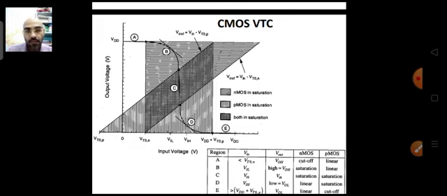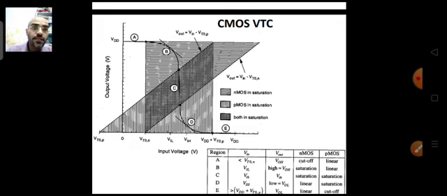Because of this, we have to take the drain current equations of NMOS as well as PMOS. Which equation will we select, the linear region equation or the saturation region equation? That will depend upon which region it is operating in.